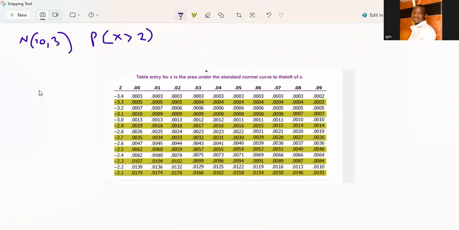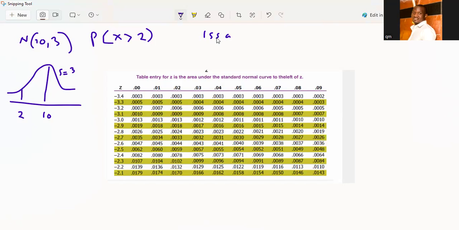So using ISA, number 1, we will illustrate. So our mean is 10. Our standard deviation is what? 3. Number 2, illustrate. In our illustration, the 2 is on the left side. Number 3, shade.